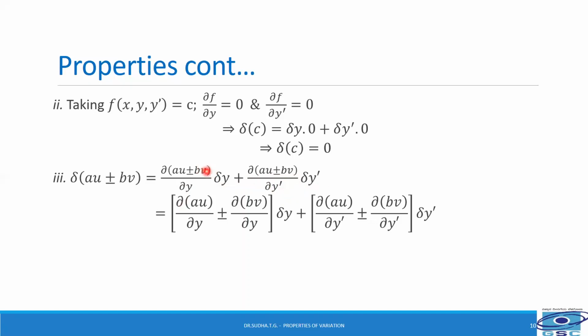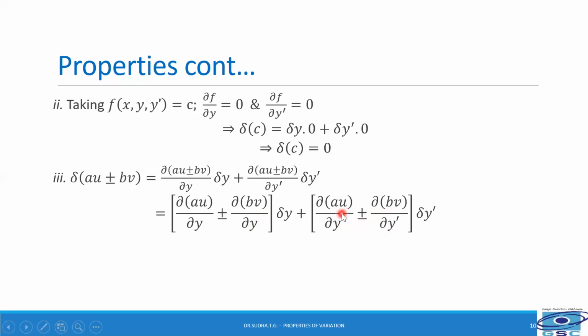Now let us differentiate this AU plus or minus BV. We differentiate term by term. Therefore, we get dou by dou y of AU plus or minus dou by dou y of BV. Similarly, dou by dou y dash of AU plus or minus dou by dou y dash of BV.